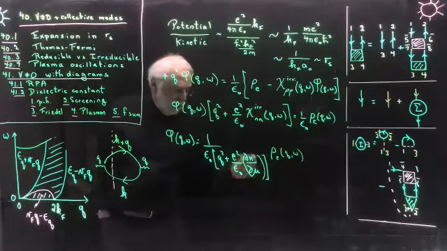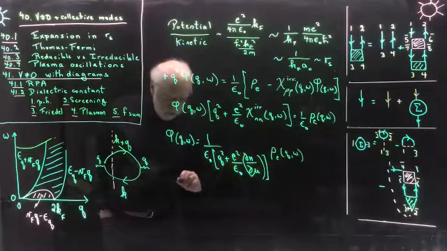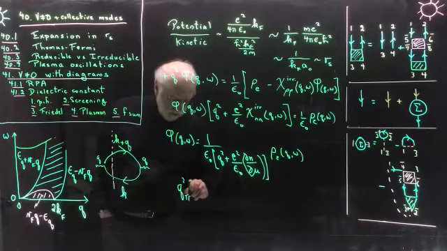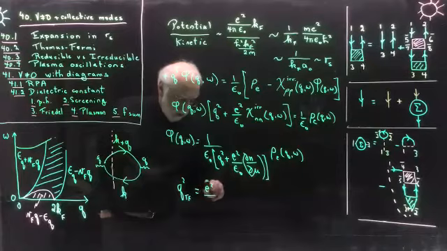So that's called q squared Thomas-Fermi, equal to e squared over epsilon 0 times dn d mu.